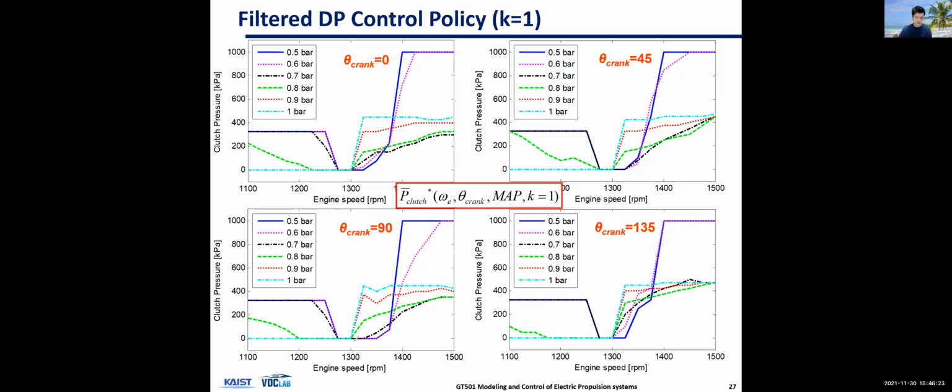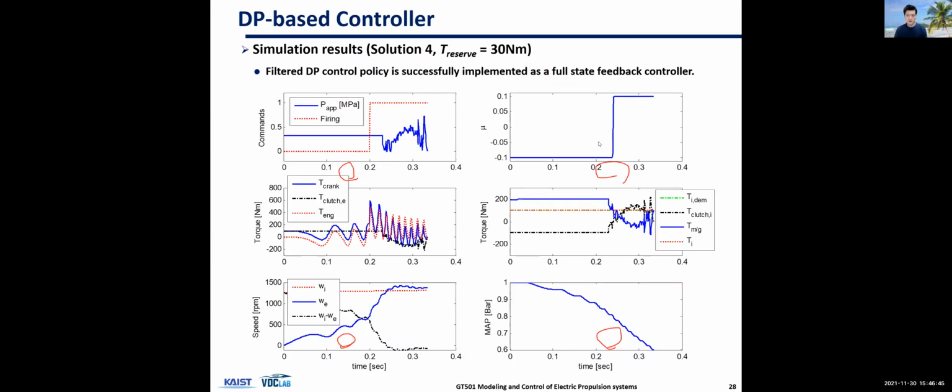You can see that here. This I had to modify, this was done by an engineer, and that's because of the model approximation. Anyway, this is the resulting control policy, and this is the resulting simulation result.